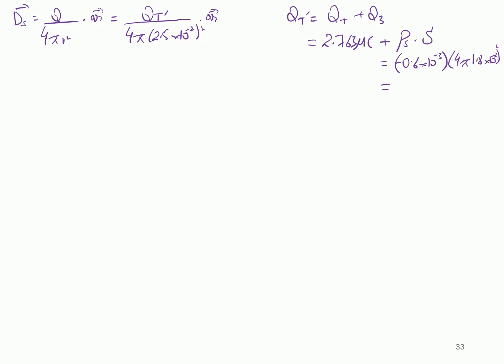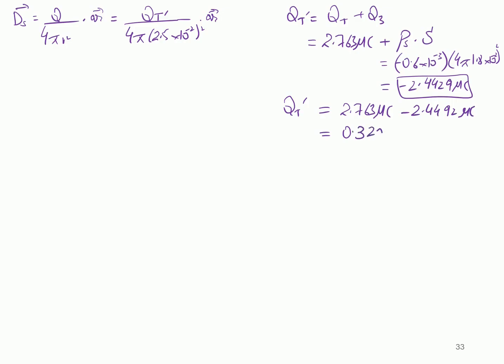This portion comes out to be minus 2.4429 microcoulomb. So now my qt bar comes out to be 2.763 microcoulomb minus 2.4429 microcoulomb, and it comes out to be 0.3203 microcoulomb.